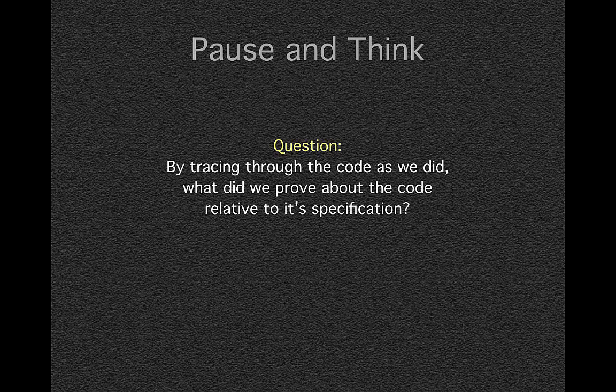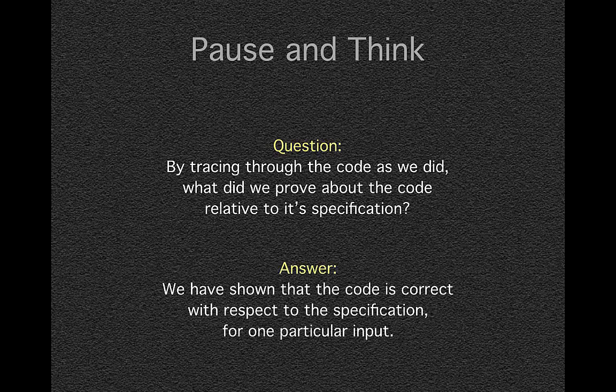Ready? The answer is a bit tricky, so I'll write it out on the slide. By tracing through this code, we have proved that the code is correct with respect to the specification for the one particular input that we looked at. What does this mean?